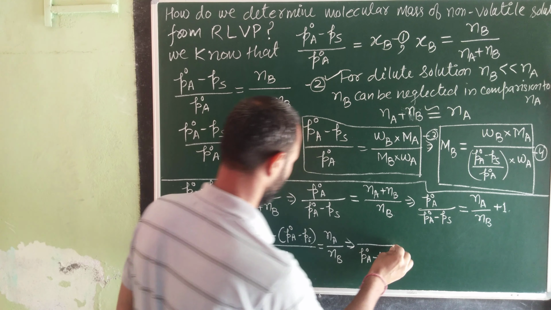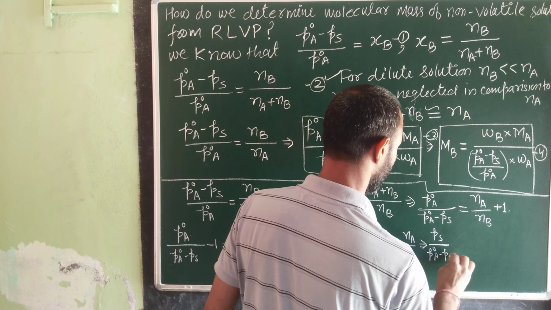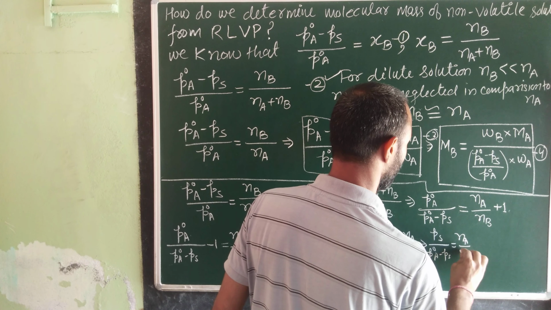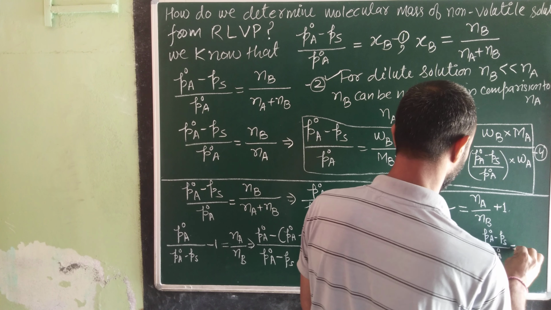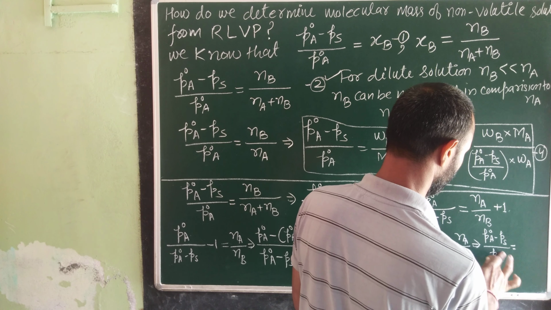So P naught A cancels. So it becomes Ps over P naught A minus Ps equal to Na over Nb. That implies, just reciprocate again. So it becomes P naught A minus Ps over Ps is equal to Nb over Na.